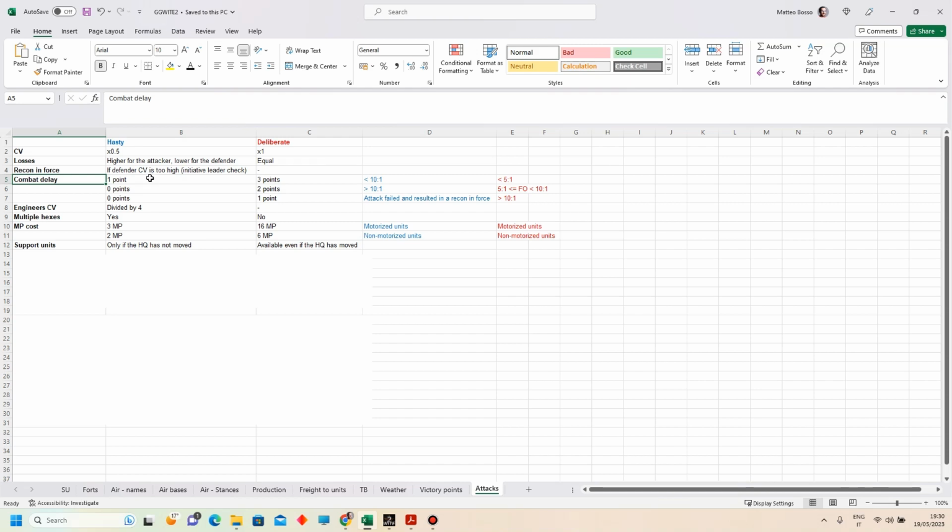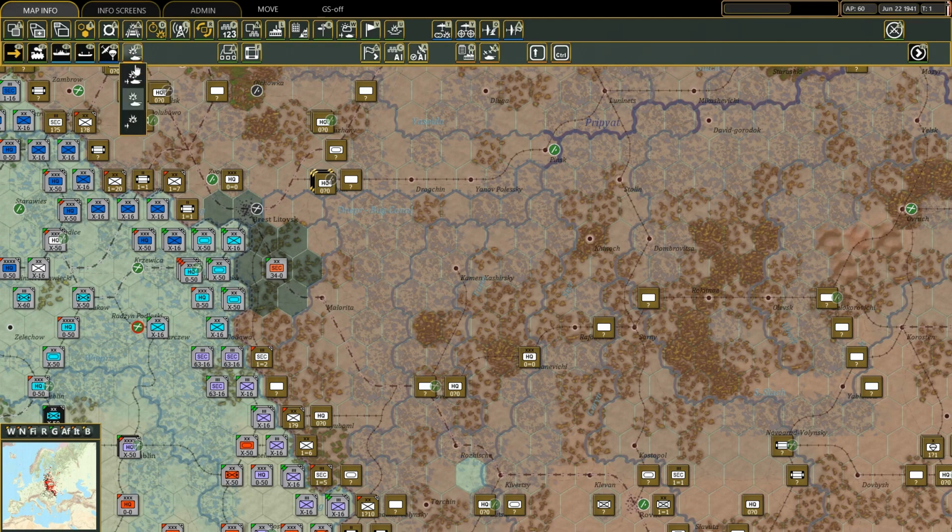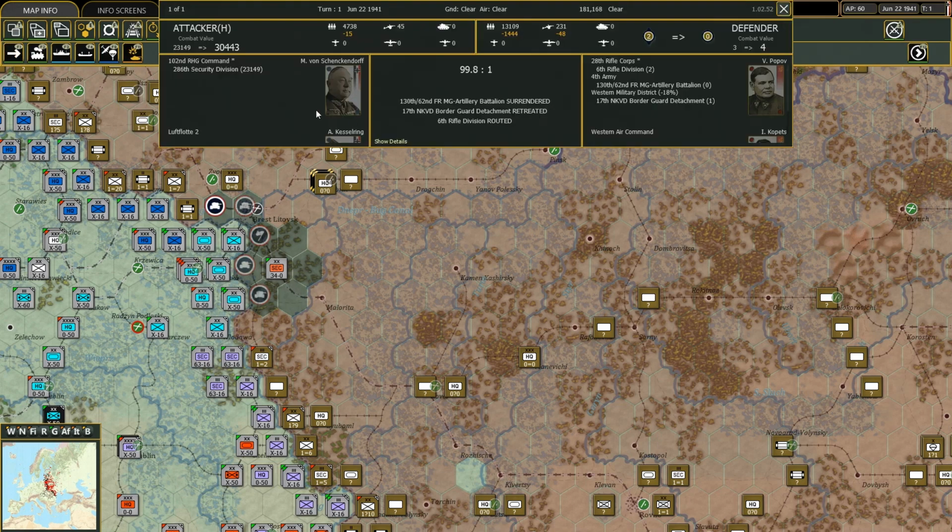The combat delay depends not only on the type of attack, but also on the final odds ratio between the two combat values. I know that the ratio is much higher than 100, but for simplicity, every combat ratio higher than 100 is just approximated at 100.